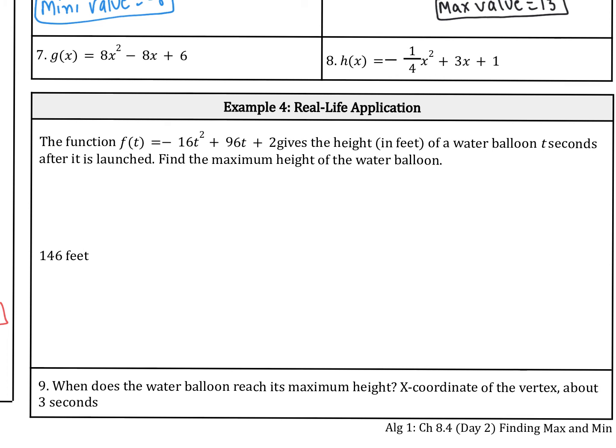First of all, we're going to see if it is going to give us a maximum or minimum value. Here we have a is less than 0, so this is going to open down. That's why the vertex is a maximum, and the vertex is at the top.